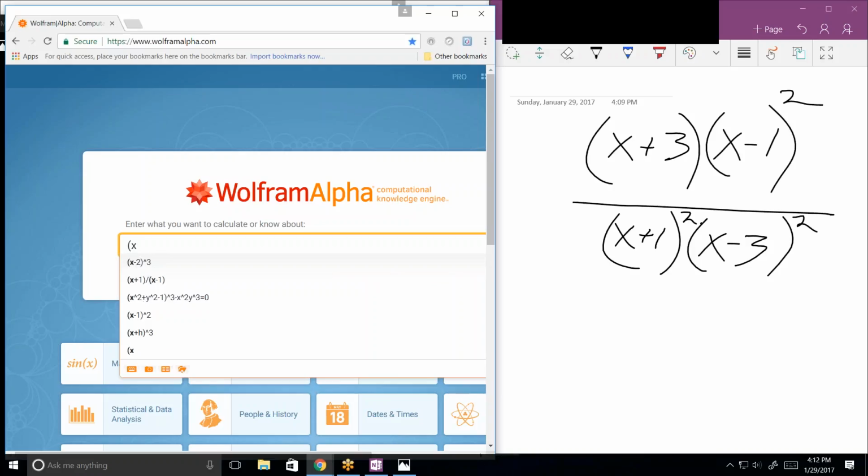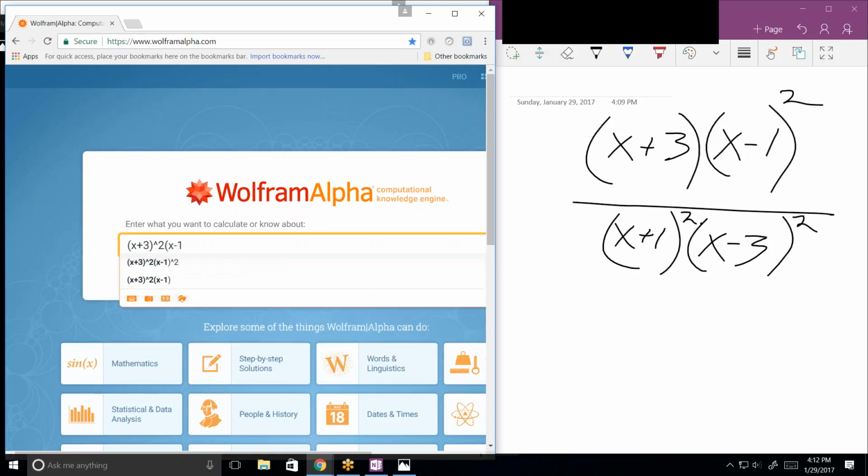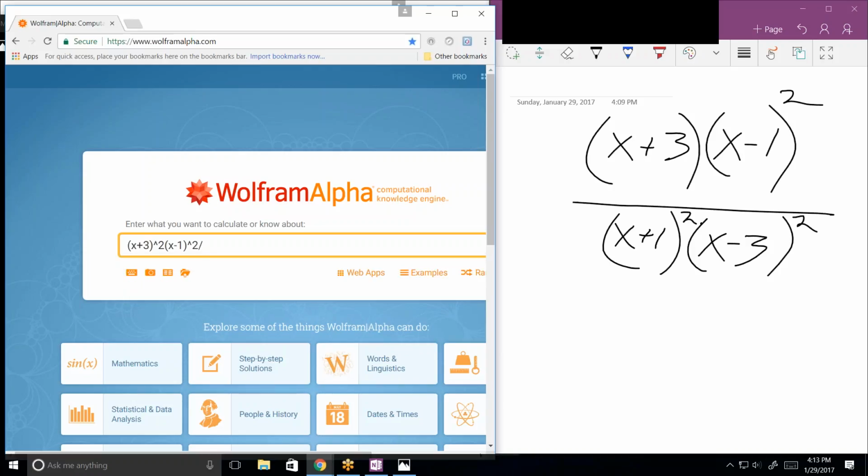So let me put this in. We'll see what this function looks like. It also gives you the feedback of exactly what you put in. You know, some of these functions can be awfully hard to get in correctly.